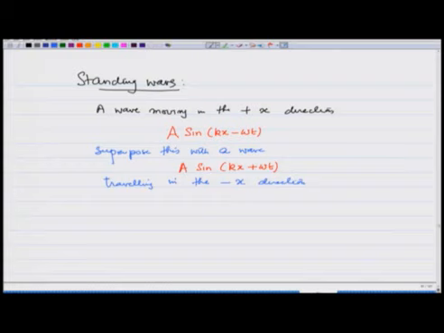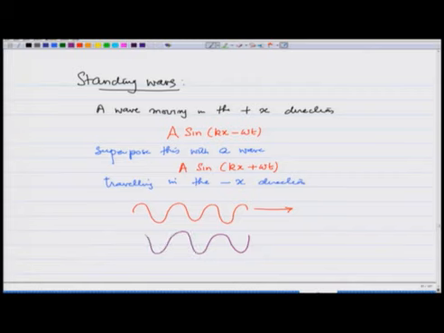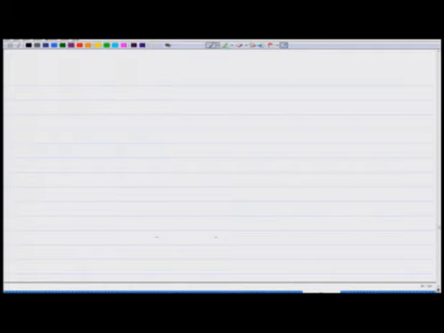So, what we have is a wave which is traveling to the right, and I am superposing this with another wave which is traveling to the left. And let us see what is the net result. Keep in mind that the amplitudes of the two waves are the same.